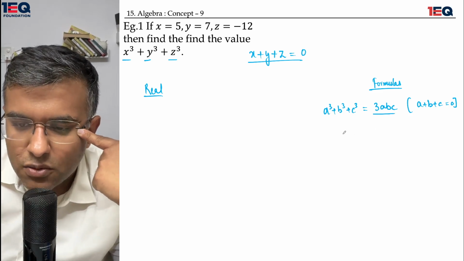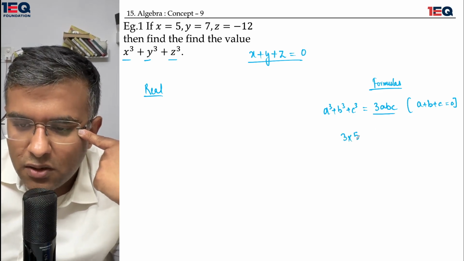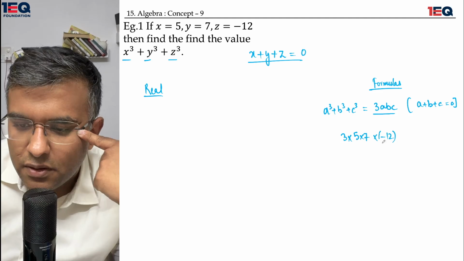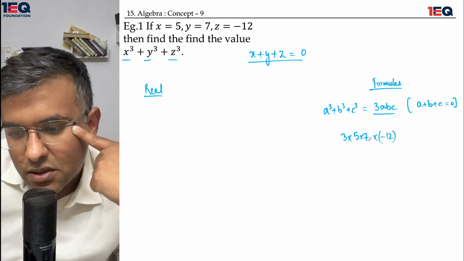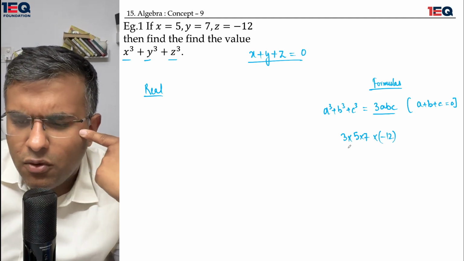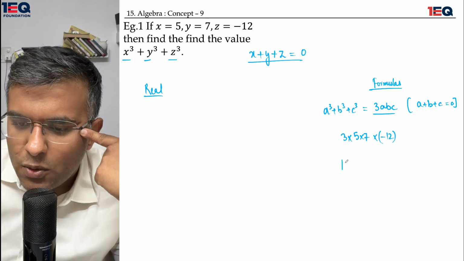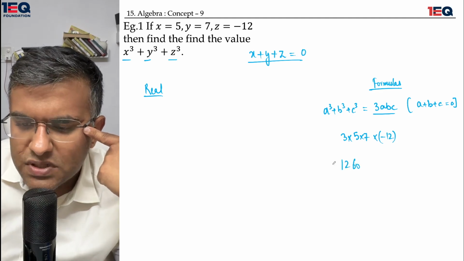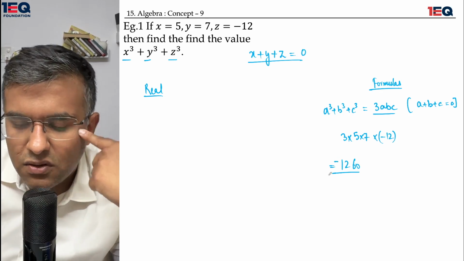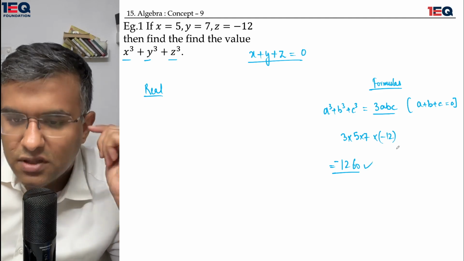So I just need to do 3abc, 3 into 5 into 7 multiplied by minus 12. This makes it 84, 84 5s are 420, 4 threes are 1260. Yeah, this is negative 1260, which we have reached using the formula.